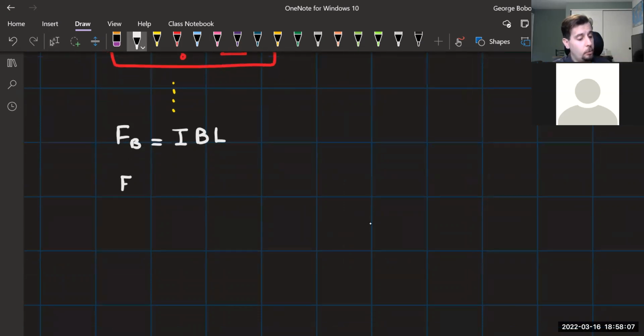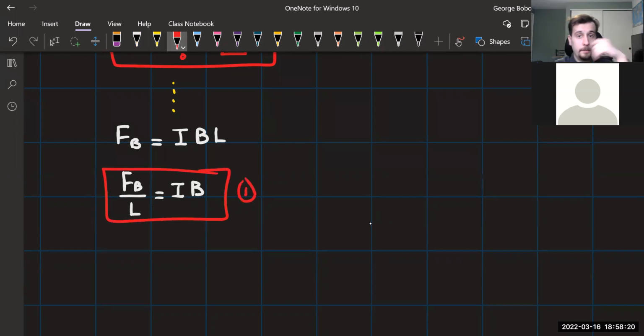I want to find the force per unit length right now. Force per unit length is going to be the product of I times B. There's your equation 1.